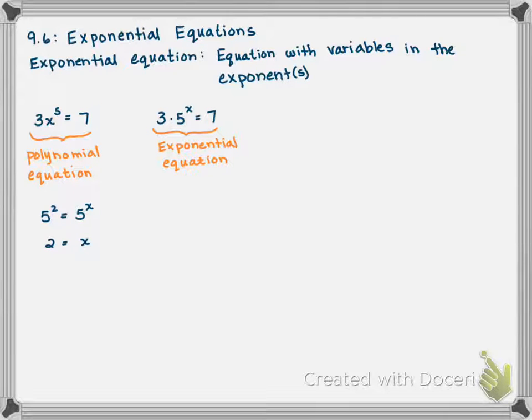And again, we didn't do any operations to make that happen. It's not that we're canceling anything or dividing. We're just making a logical jump. We're saying that if we make both sides look exactly the same except for the exponent, we can conclude that the exponents are the same also. And that gives us an equation without variables in the exponent. So this is called the method of relating the bases.